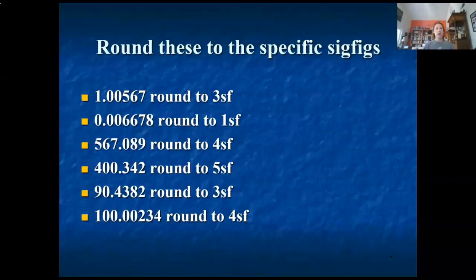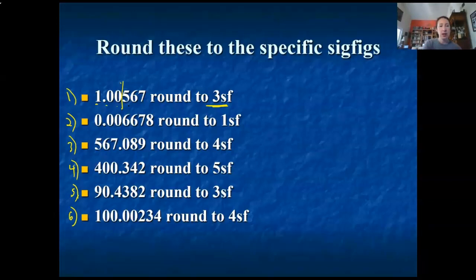Okay, so let's just do a couple of roundings. We're going to round these to sig figs. I'll do the first 2 with you, and then I'm going to have you do these, and then we're going to go over them. So, 3 sig figs. I'm going to keep 1, 2, 3, and that's where I think it really helps to draw a line, because it's a mental picture of, okay, that's where I'm going to end.